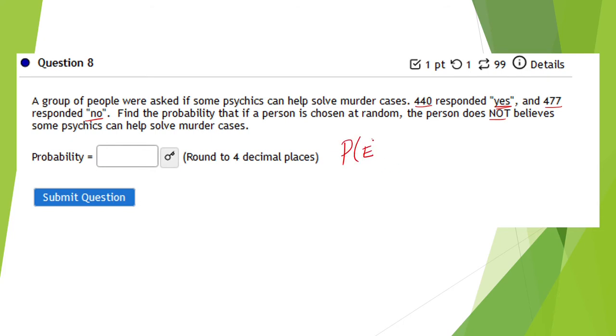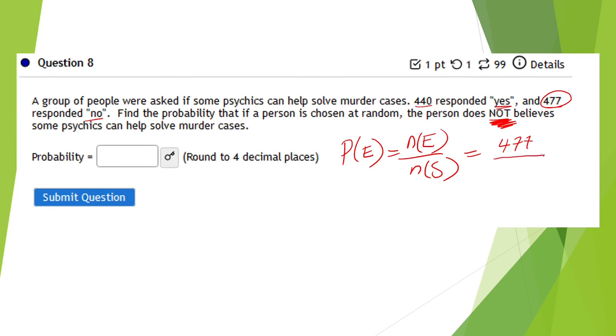The probability of E is equal to the number of outcomes in E divided by the number of outcomes in our sample space. In this question, we're looking for the probability that the person does not believe some psychics can help solve murder cases. So we're looking for not. So all of the people that responded no is 477. That's going to go on the top.